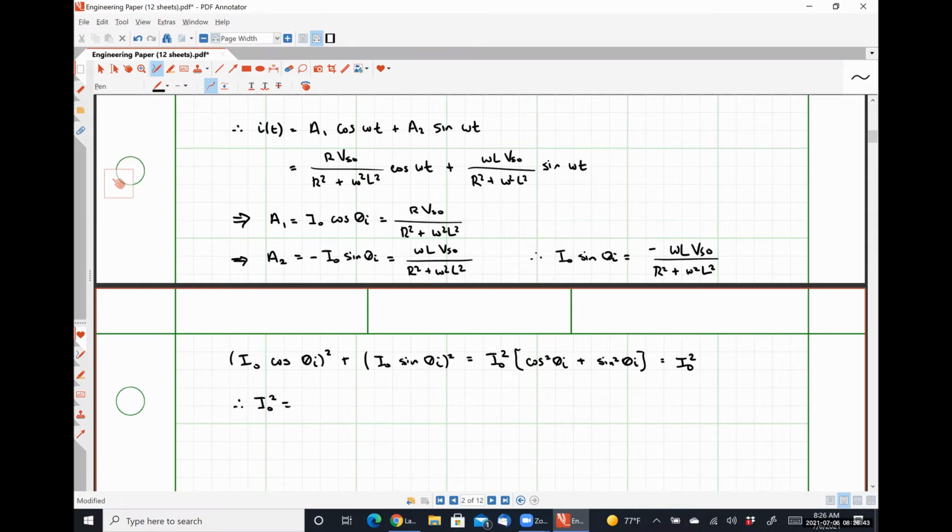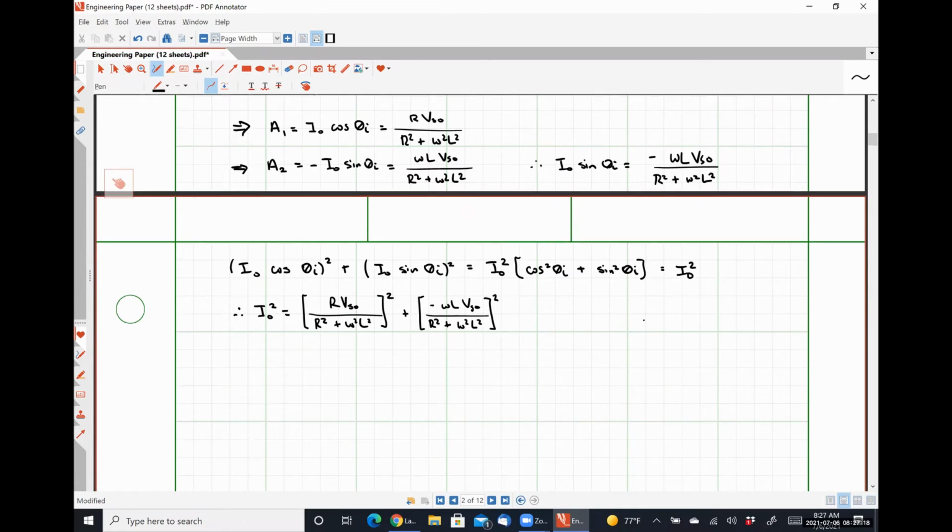So that would be R times Vs naught divided by R squared plus omega squared L squared, quantity squared, plus negative omega L Vs naught divided by R squared plus omega squared L squared, quantity squared.